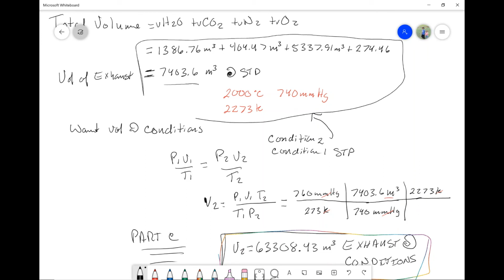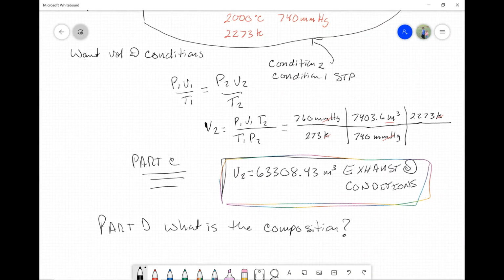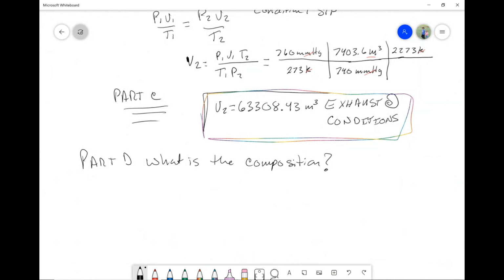Why? Because we already know what the volume of everything is at STP, and we know what the total volume is at STP. So we can do the volume fraction at STP of the exhaust. And we know it's CO2, H2O, N2, and O2.